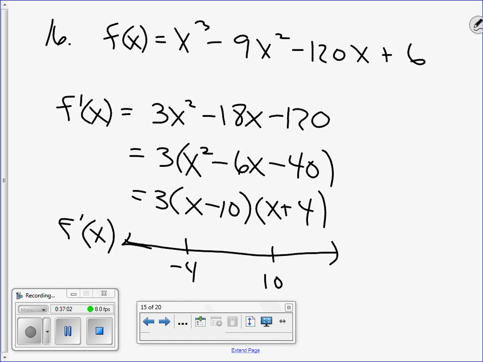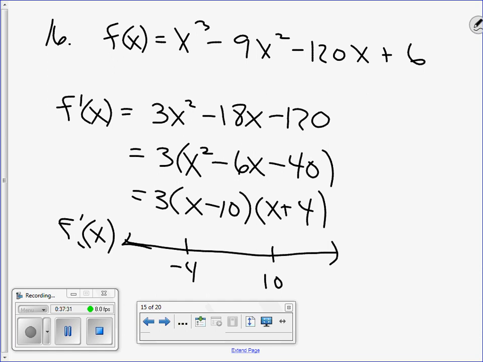Now, this is the question I always get. Wait, when you take a test value, what do you plug it into? If this is a first derivative sign chart, trying to find the sign of the first derivative, it should be plugged into the first derivative, right? We know that the only places it could change sign are right here and here. So any value of x greater than 10 is going to have the same sign as the first derivative.